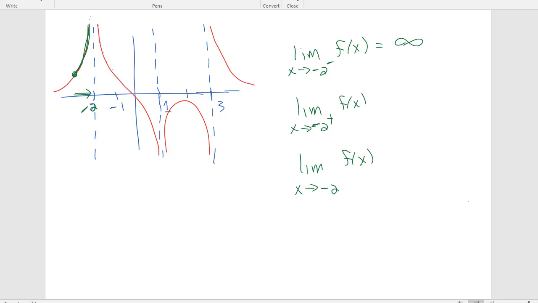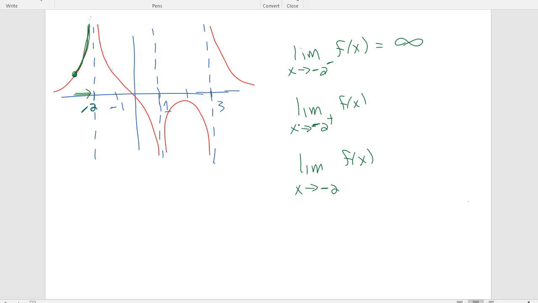So what we're really saying with this notation is that the y values are getting larger and larger and larger. We would say that a little more precisely as they grow without bound in the positive direction. So they're getting larger and larger positively. So again, we're saying this limit equals infinity, but of course nothing ever equals infinity.